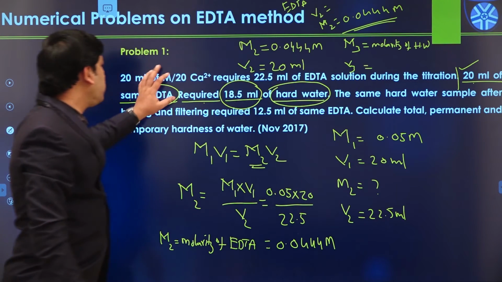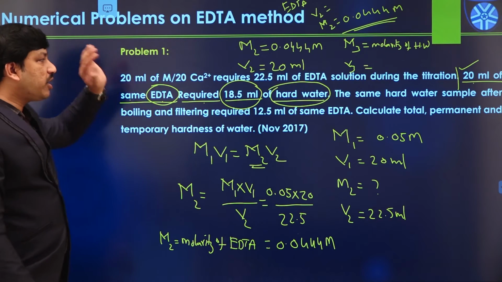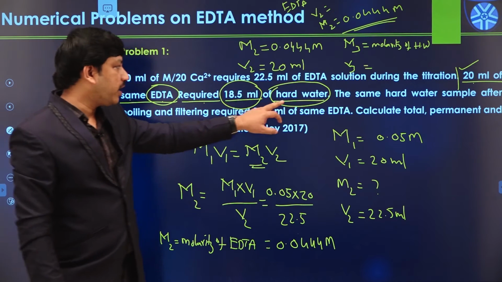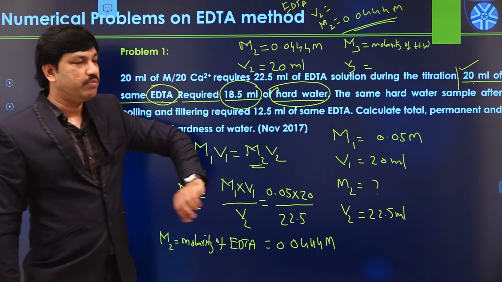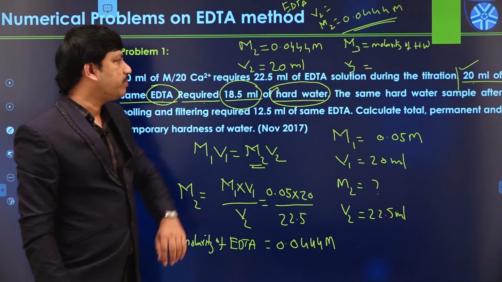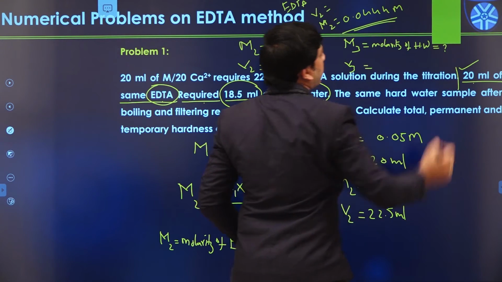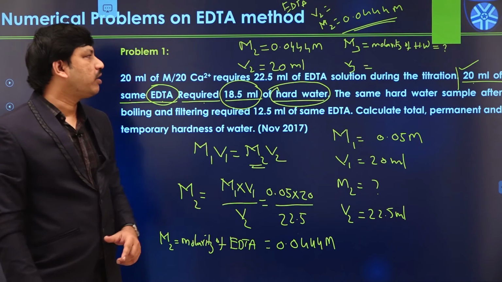Previously we used standard hard water in order to know the concentration of the disodium salt EDTA only. But in the second case, we have an unknown hard water sample. So M3 is the molarity of the hard water sample, a completely unknown value, and we have to measure it.